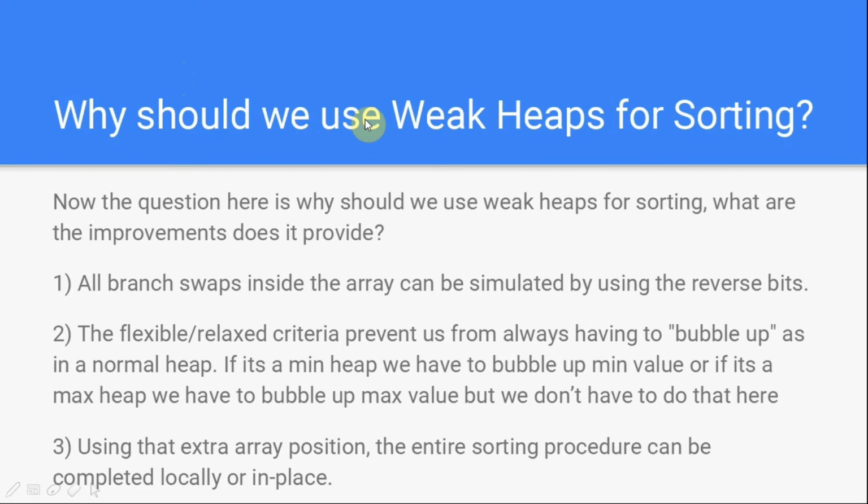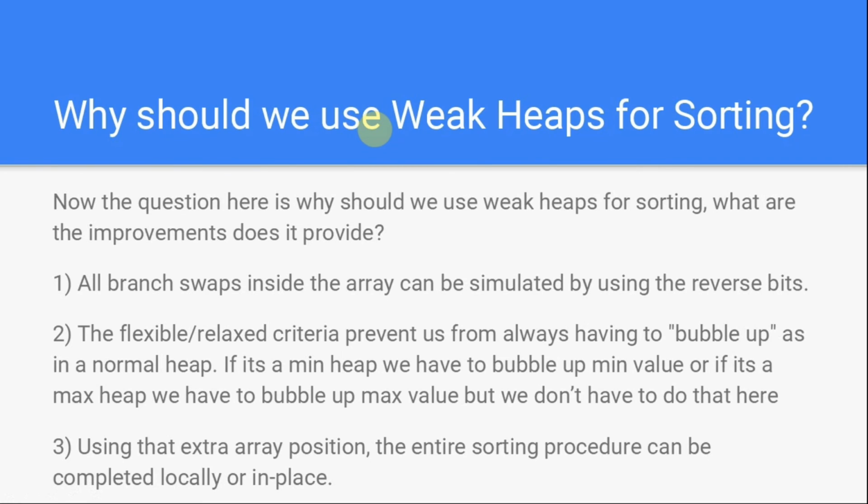Now the question here is, why should we use weak heaps for sorting? What are the improvements it provides? All branch swaps inside the array can be simulated by using the reverse bits. We saw this when we were trying to sort an array using a weak heap.